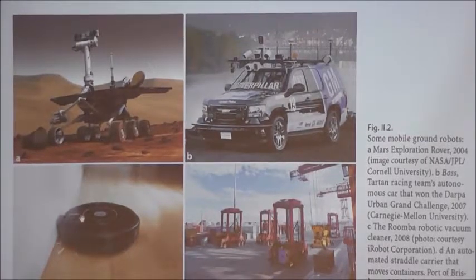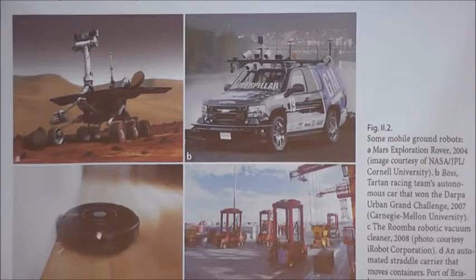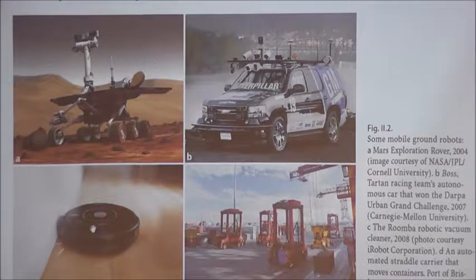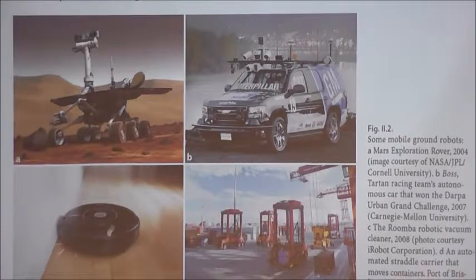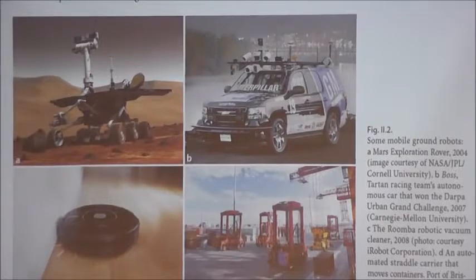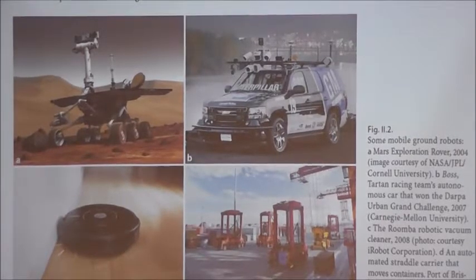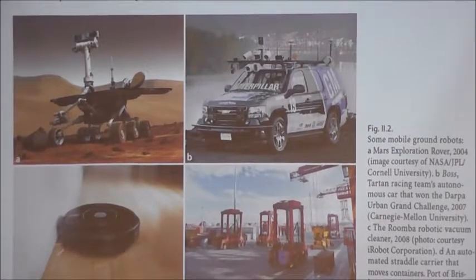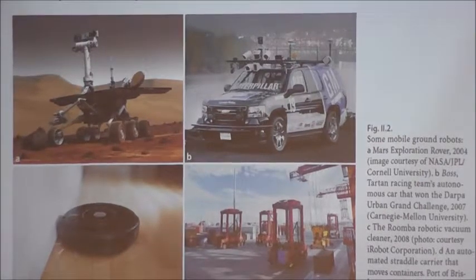Part C is the one that is also familiar to you, the Roomba robotic vacuum cleaner, which was marketed by iRobot, a company put together by a bunch of MIT professors and students, and I believe they're currently headquartered in New Hampshire.